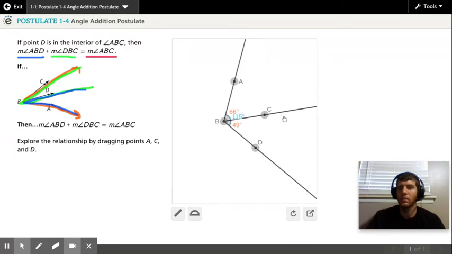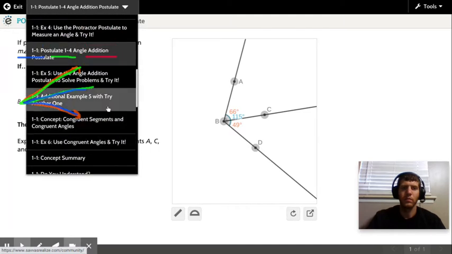This one down here, DBC, is 49, and together they add up to 115, so this big angle here is 115. All right, let's get on to the example problem.